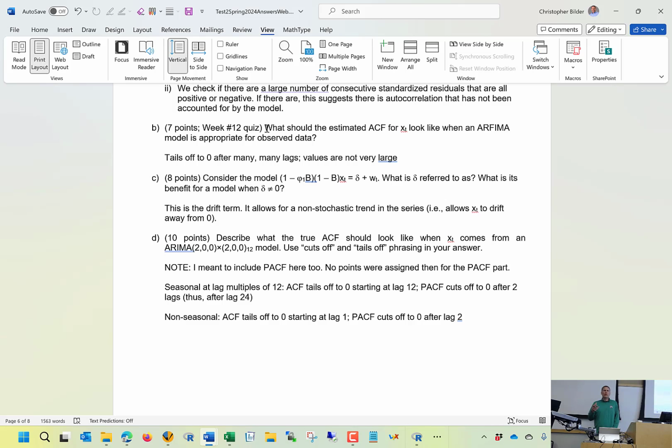Again, many students were focusing on the fact that there were significant autocorrelations. Not necessarily that they're large autocorrelations, but they're significant. Again, that's not the thing that you look for. It's just the fact that you have moderately large estimated autocorrelations that persist for a very long number of lags. Not the fact that they're significant, which most likely they will be. It's the fact that you have moderately large ones.